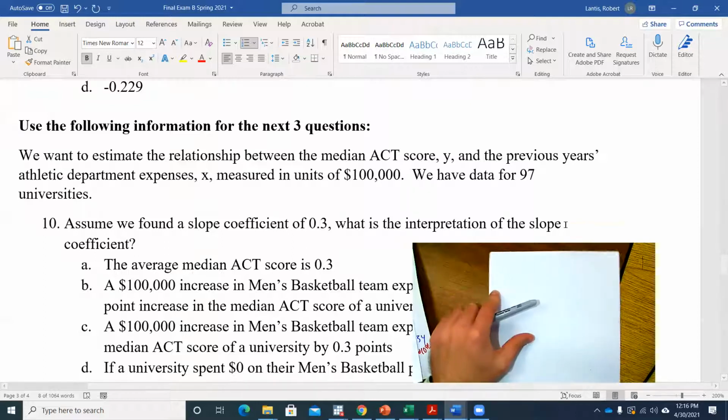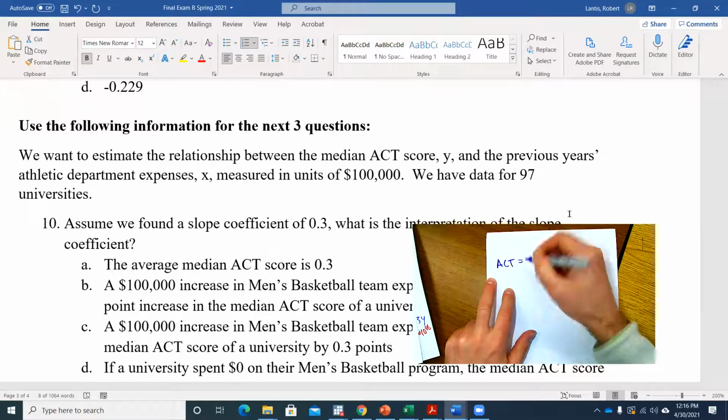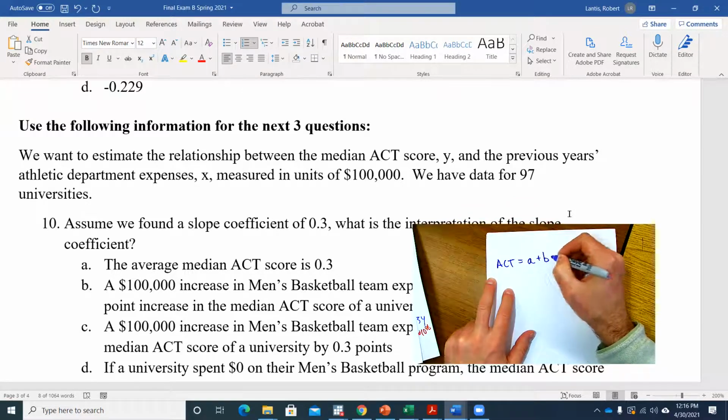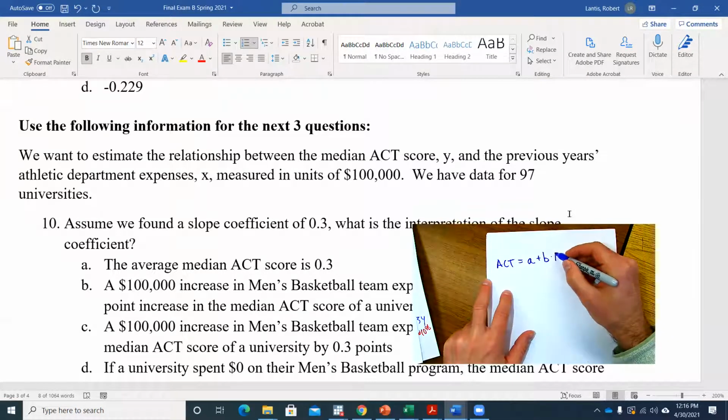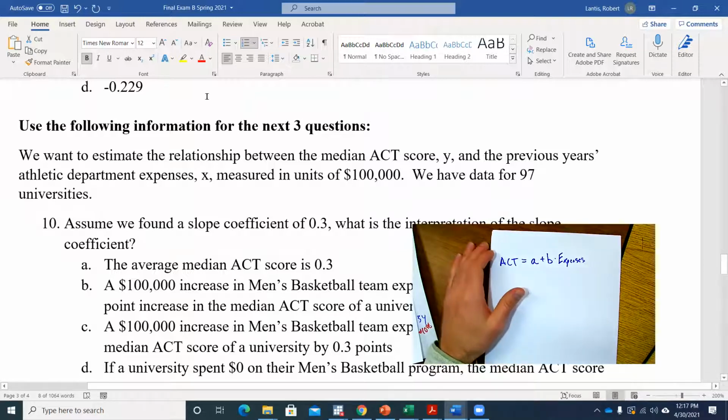What we're thinking about is the median ACT score at a university, and that's some function of the expenses on their athletic program. However, this variable is measured in $100,000. So a 1 unit increase here would be an increase of $100,000.